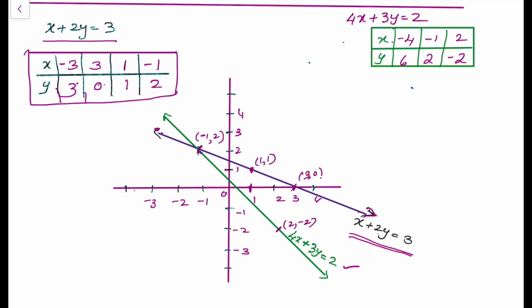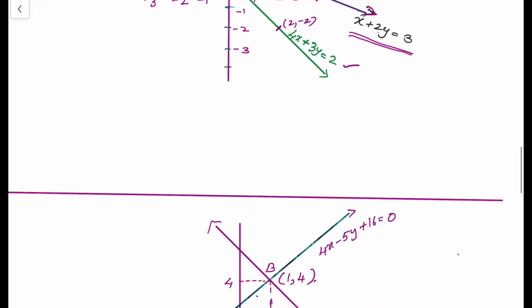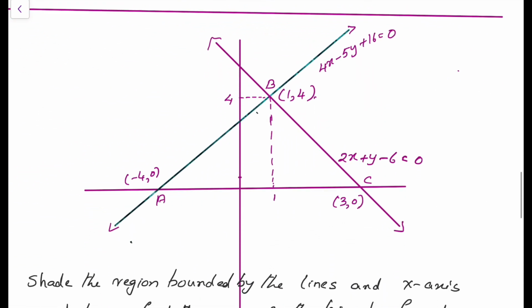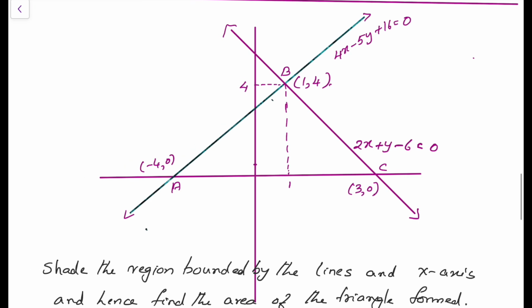Now, I hope it's clear how to draw the graph of the lines. In your exams, they will ask you to draw the graph, shade the region, and find the area of the triangle bounded by these lines with the axis. So we will do an example.